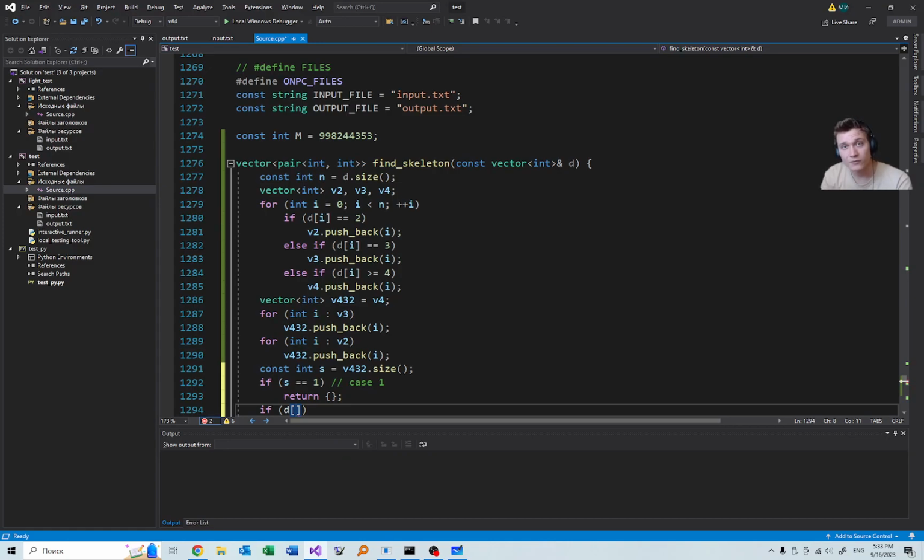Also, in the solution on the whiteboard, I used 1 indexation of the degrees. Here we will have 0 indexation. So if d of v432 0 equals 2, then we need to make a huge cycle.